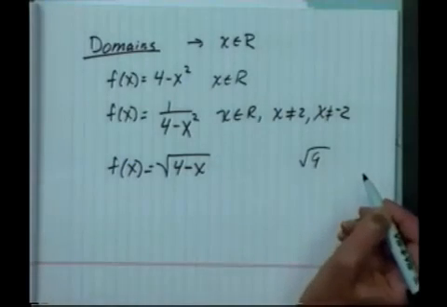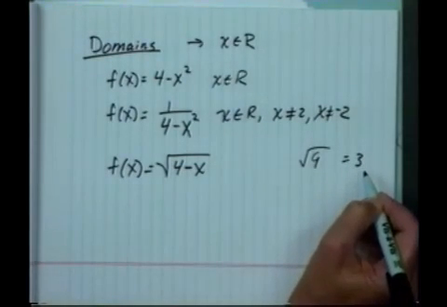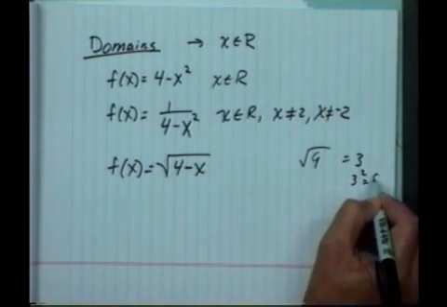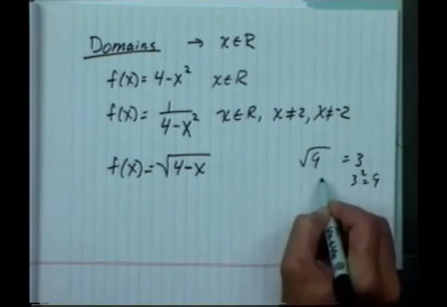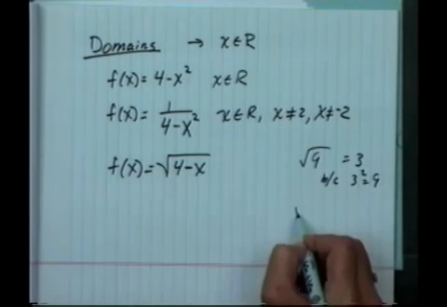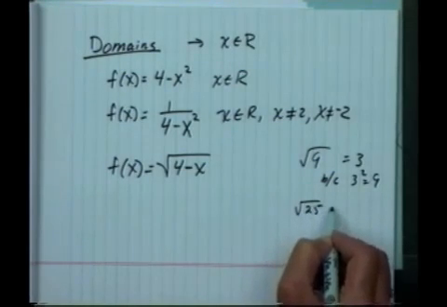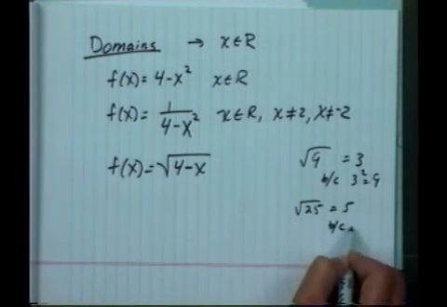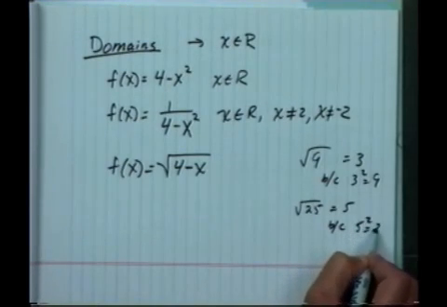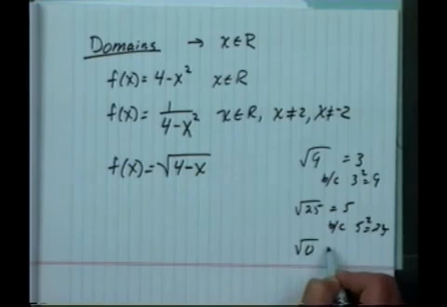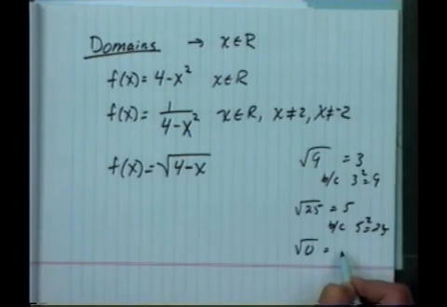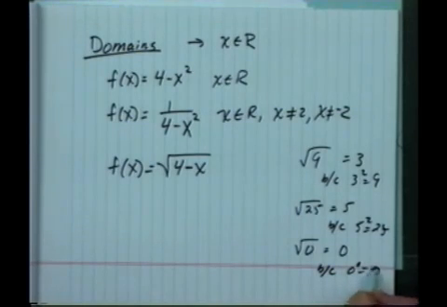What's the square root of 9, everybody? 3, because 3 squared equals 9, right? What's the square root of 25? 5, because 5 squared equals 25. What's the square root of 0? 0, because 0 squared is 0.